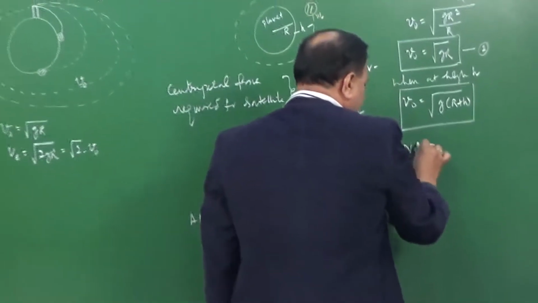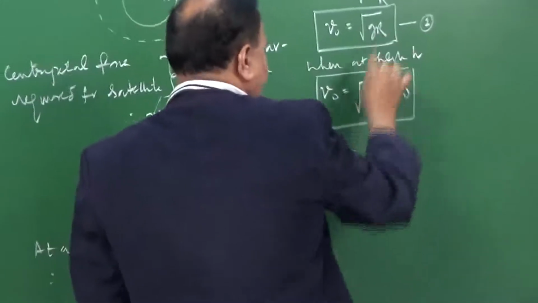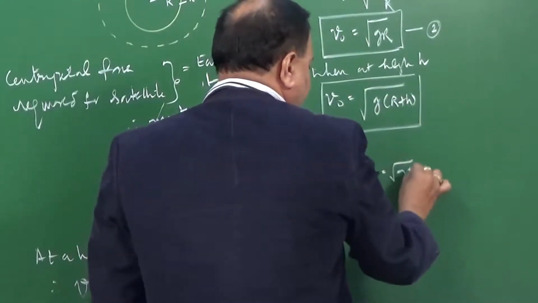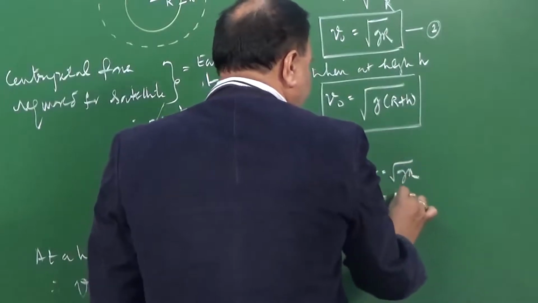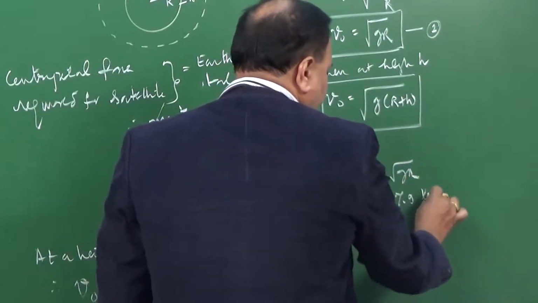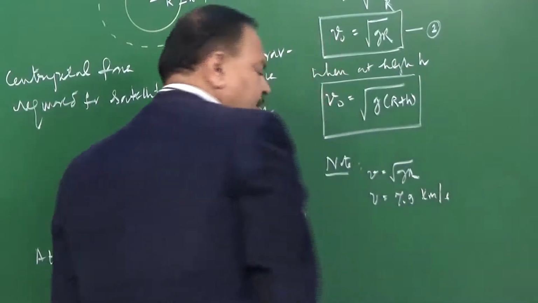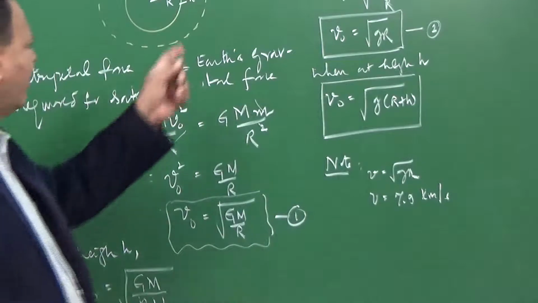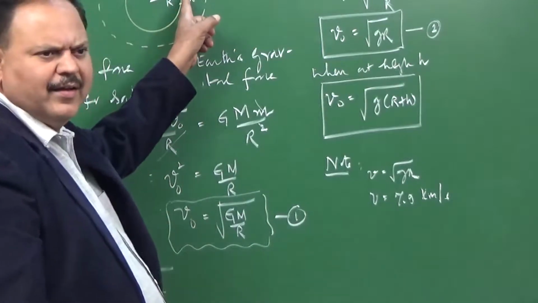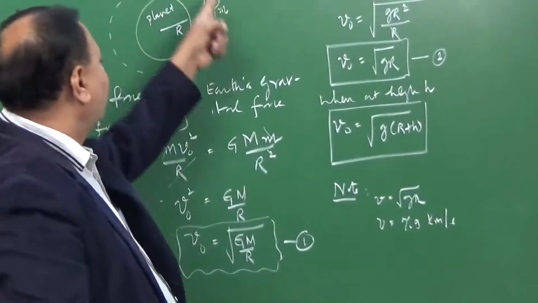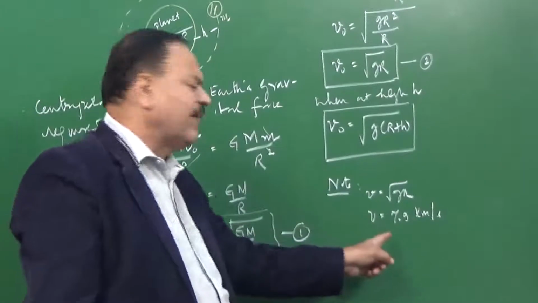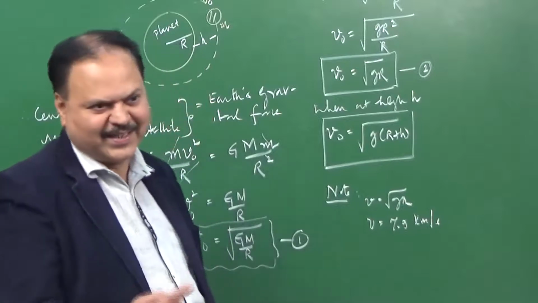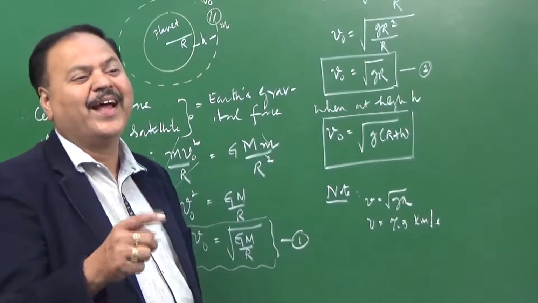Now you look at that. If you substitute the value for g and R, your value comes out to be root of gR. If you substitute this value, it comes out to be 7.9 kilometers per second. That is for the Earth's satellite, when it is close to Earth. For the satellite to revolve around the Earth, how much velocity should it possess? 7.9 kilometers per second means per second it should go for how many kilometers?